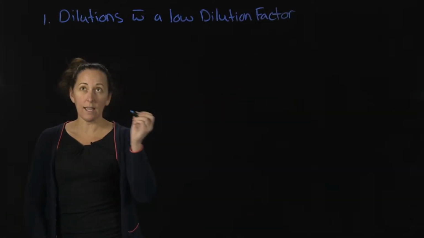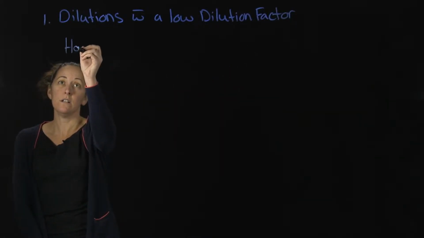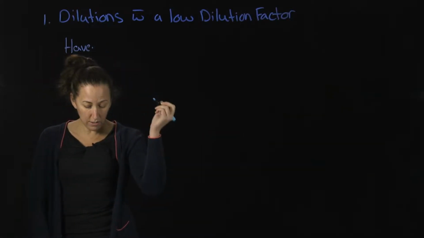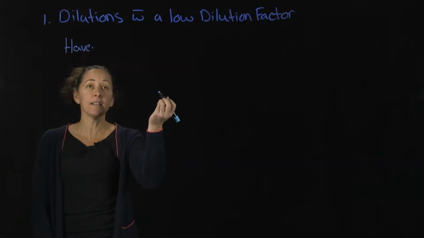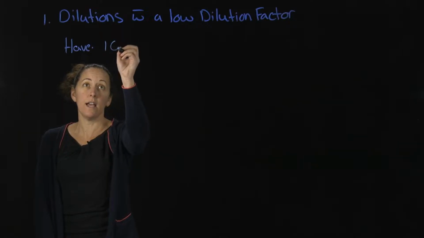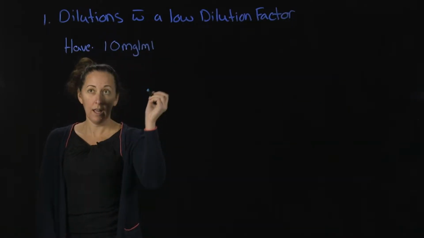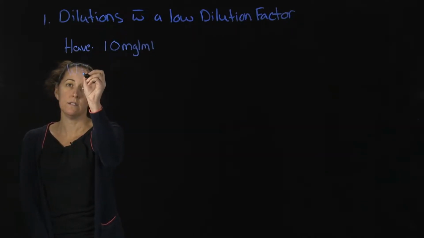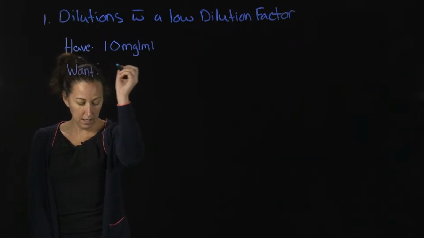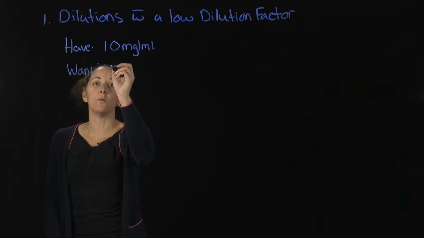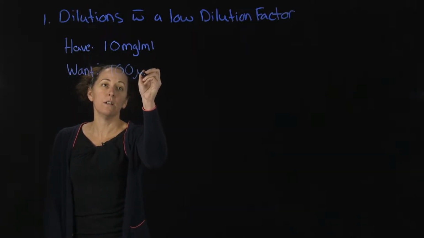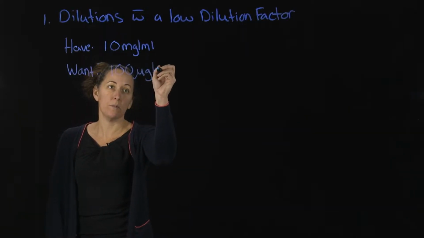So let's say we have a stock concentration of, let's say, antibiotic that is at 10 milligrams per mil, and we want our working concentration to be 100 micrograms per mil.